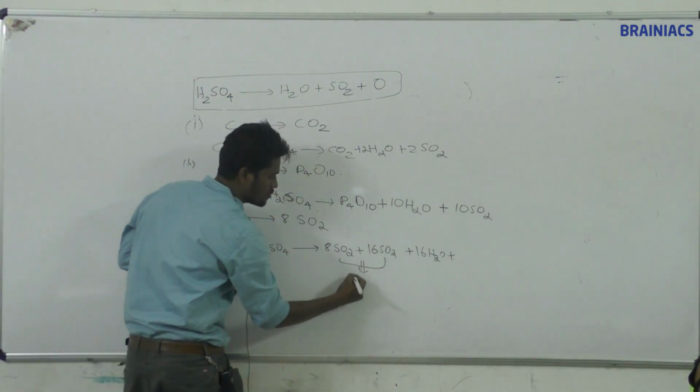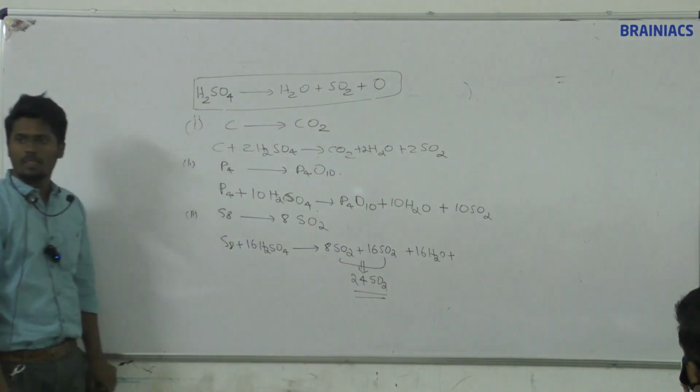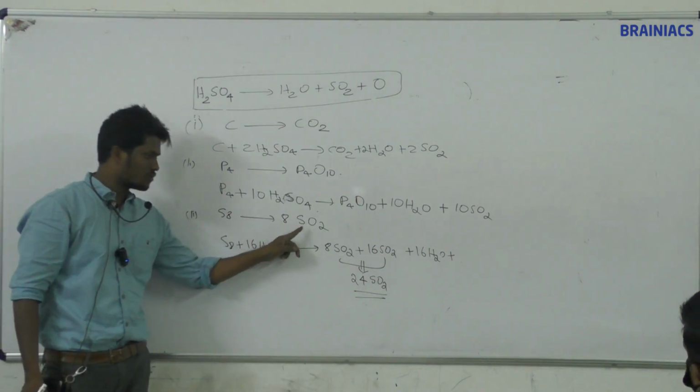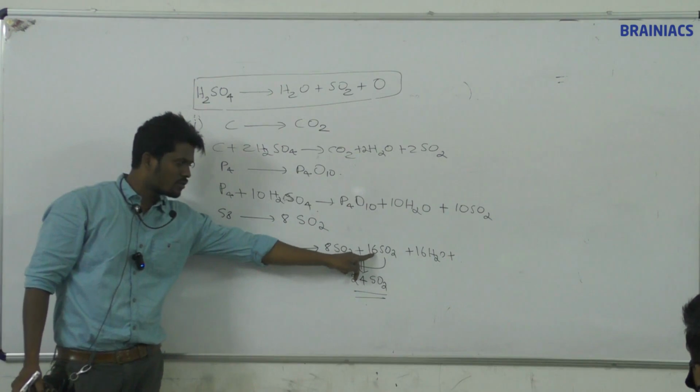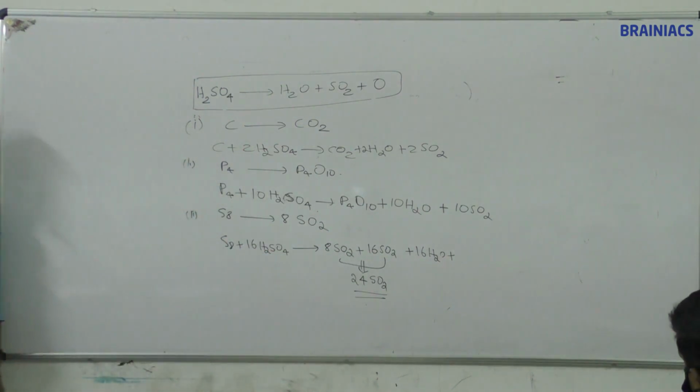So basically how many SO2? S8 converted into SO2, and H2SO4 is also decomposed to give SO2. So it forms 24 SO2.